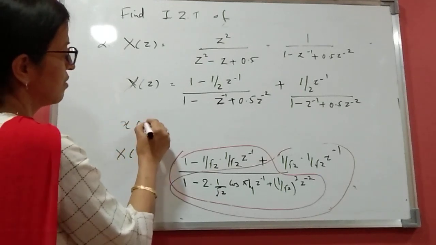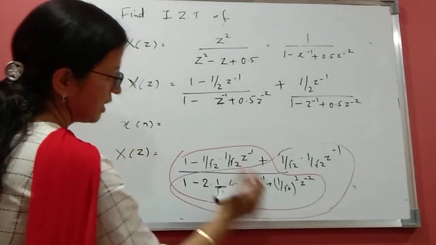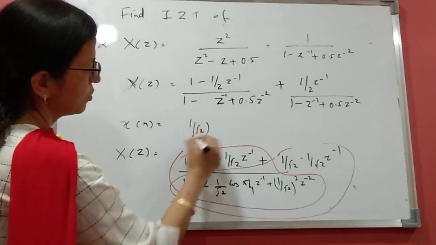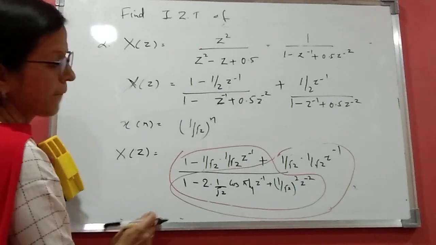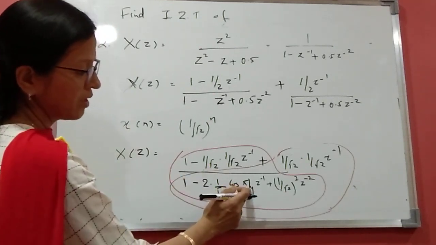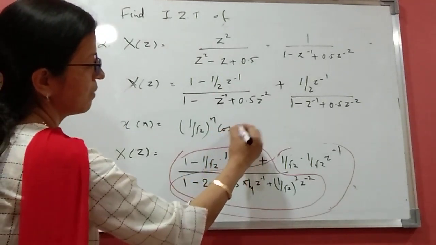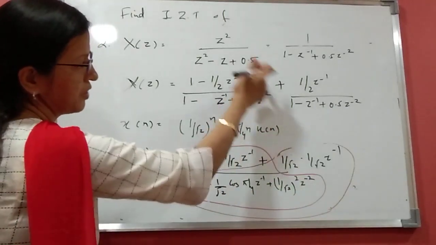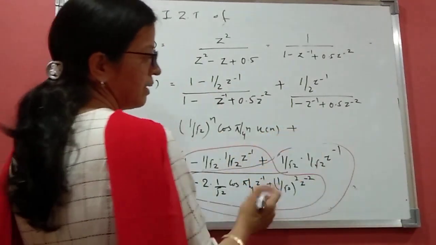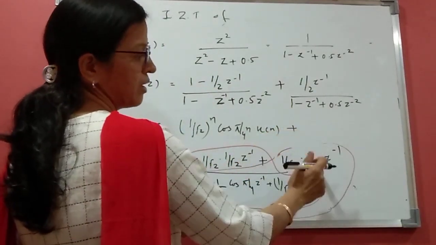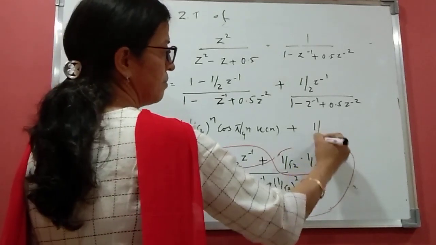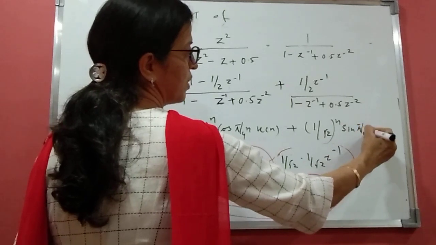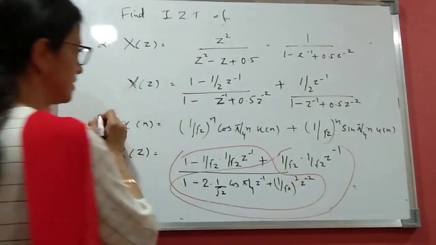We know the inverse z transform of this part is (1 by root 2) raised to n cos pi by 4 n u of n, plus for the second part (1 by root 2) raised to n sin pi by 4 n u of n, and this is the final answer.